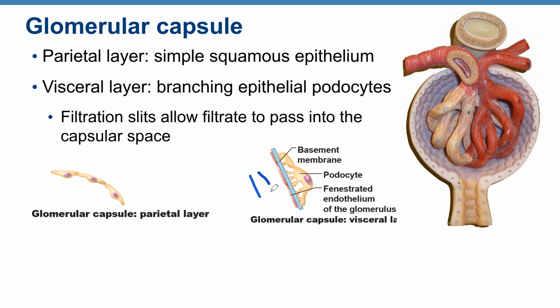Right. So a capillary is made of endothelium. Endothelium is a type of epithelial tissue, so we always have basement membrane if we have epithelial tissue, and then we have this podocyte, and that's our visceral layer. The parietal layer are those cells that make the capsule itself, right? So it's a simple squamous epithelium.